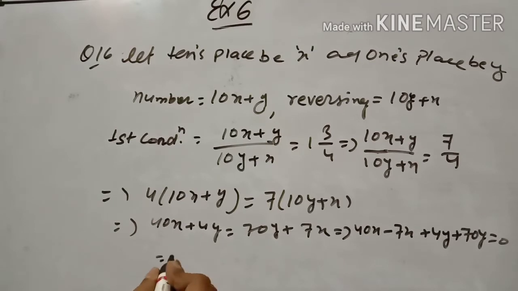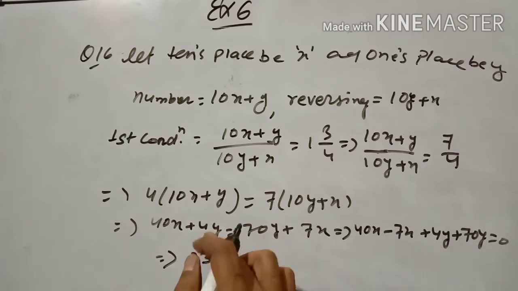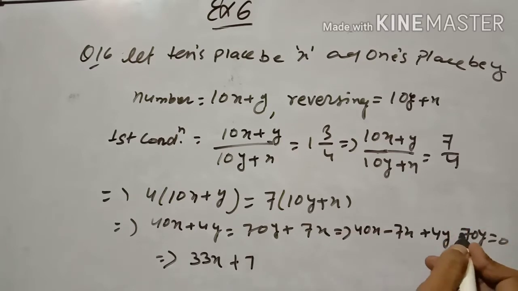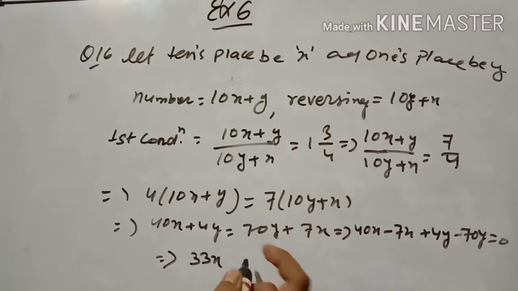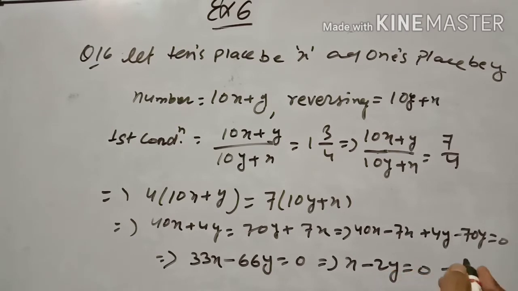So 40 minus 7 is 33x, and 4 minus 70 will be minus 66y, equal to 0. Now dividing both sides by 33, I can get x minus 2y equal to 0. Let it be equation number 1.